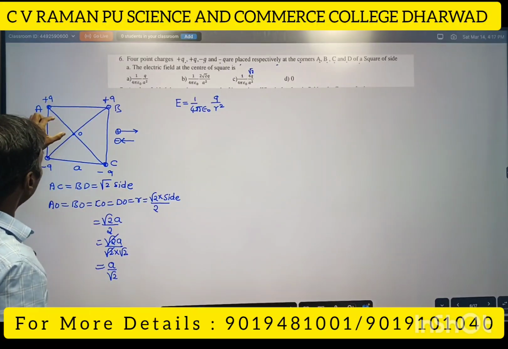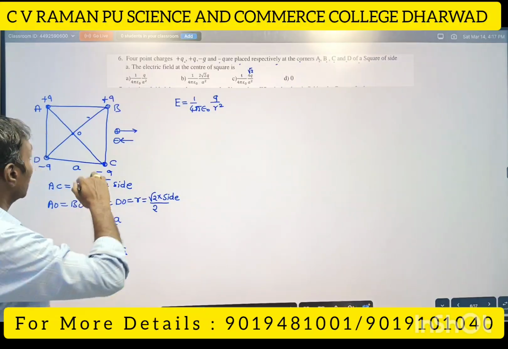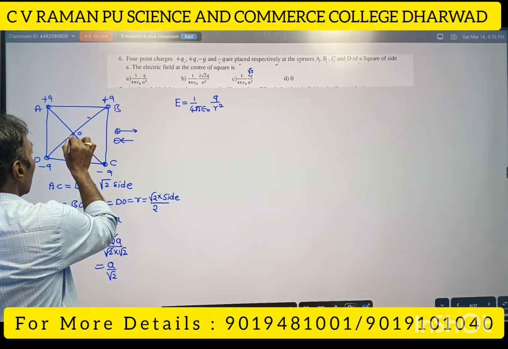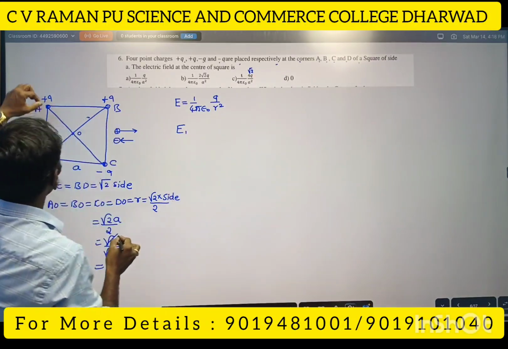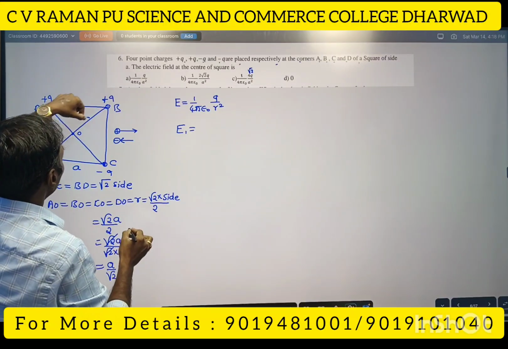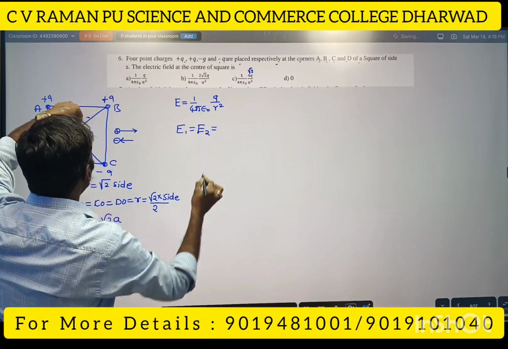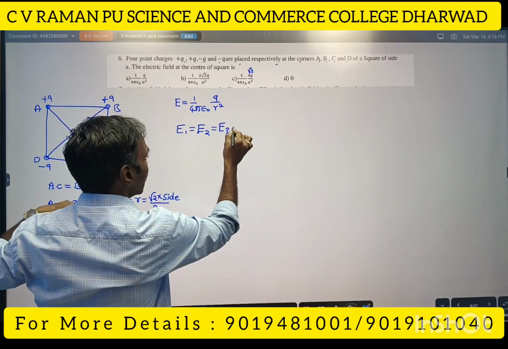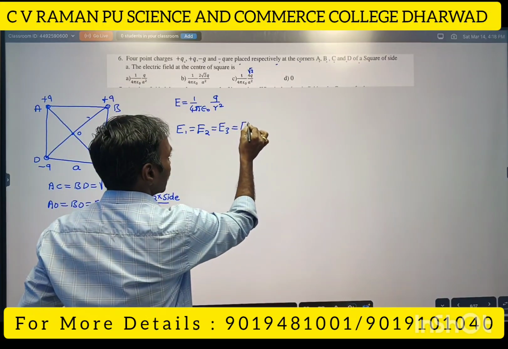Here in this case, AO is equal to BO is equal to CO is equal to DO. The distances are same. The magnitude of charges are also same. So the total electric field at the center: electric field due to a charge at A is E1, electric field at O due to charge at B is E2, electric field at O due to charge at C is E3, electric field at O due to charge at D is E4.